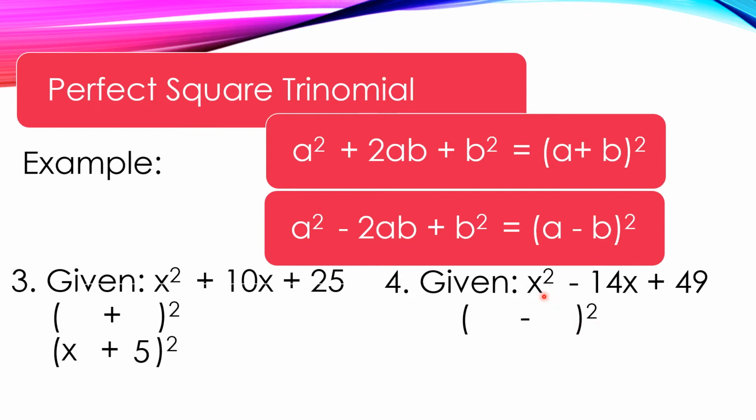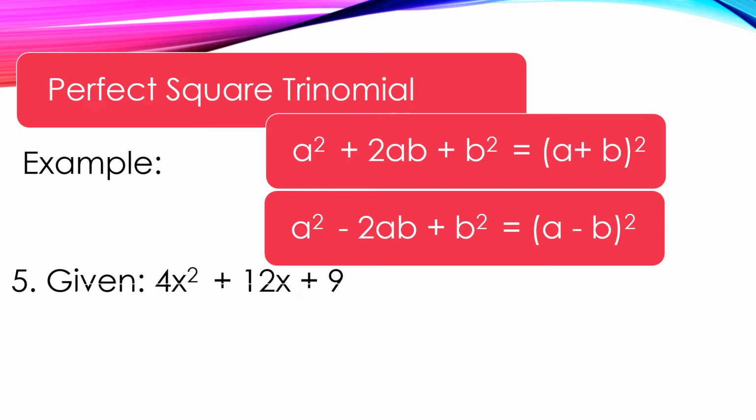Then get the square root of the first term, x squared, which is x. The square root of 49 is 7. Hence, the factor of the given perfect square trinomial is the quantity x minus 7 squared, and it can be expanded as x minus 7 times x minus 7.